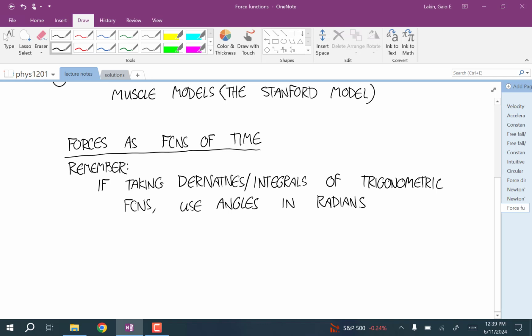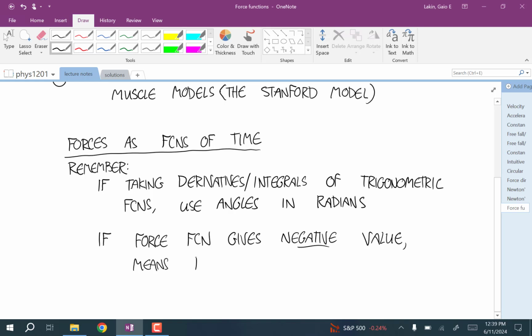And the second thing we're going to see is that sometimes these functions are going to give us negative values. So if a force function gives a negative value, the meaning of that is you can think of it as a positive force in the opposite direction.